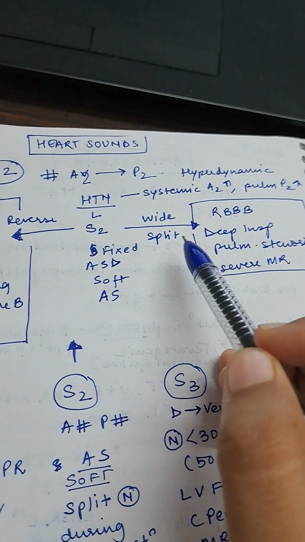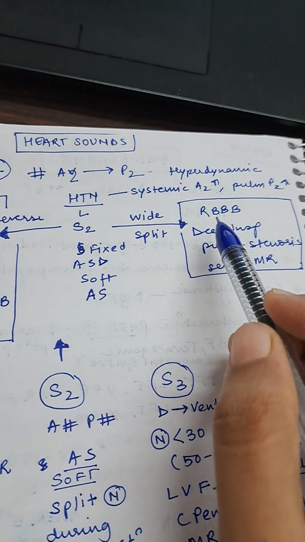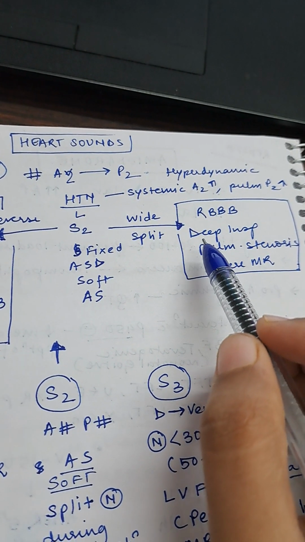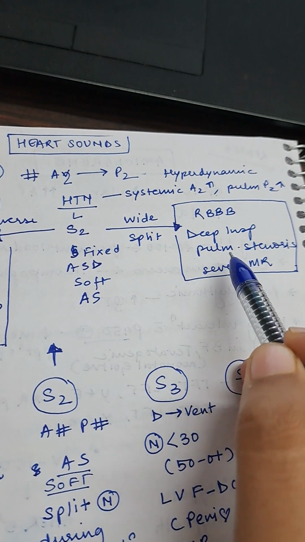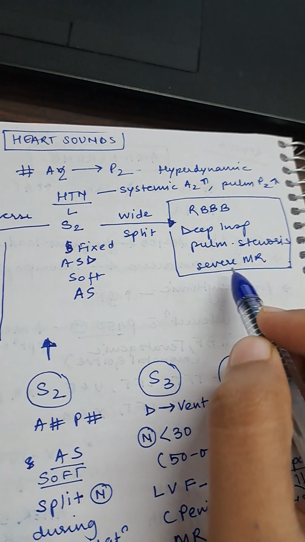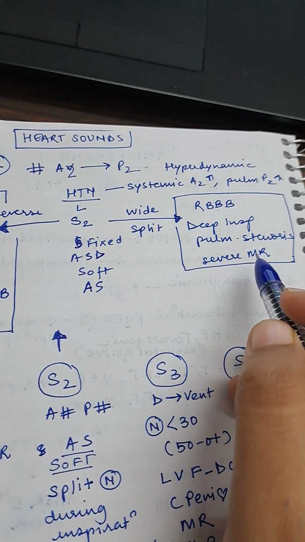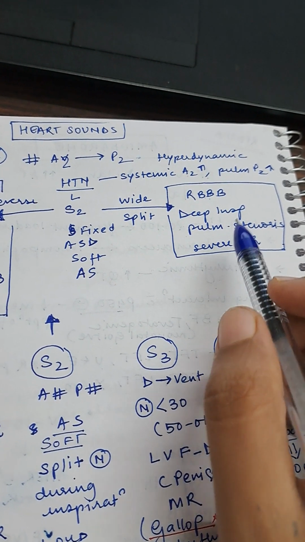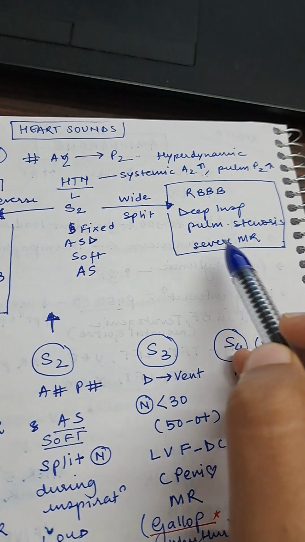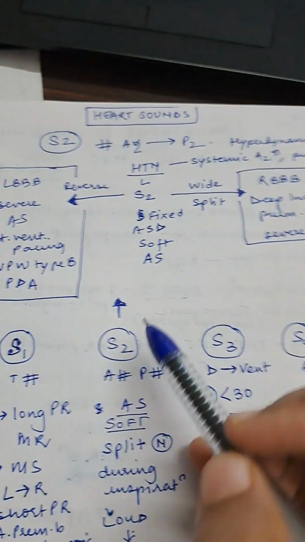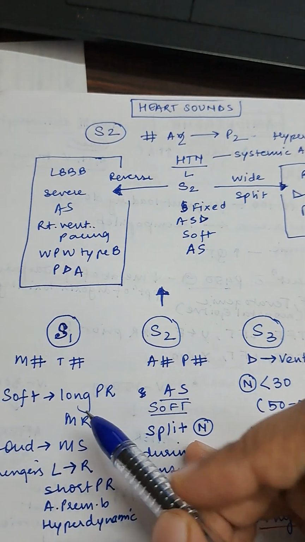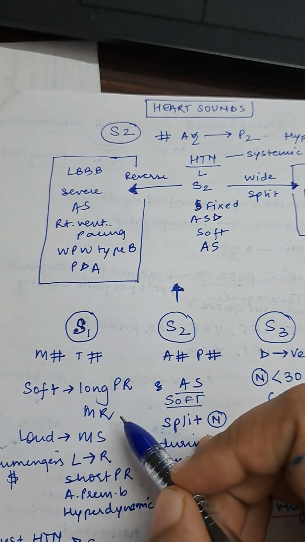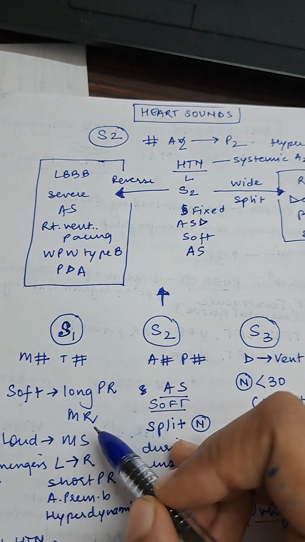Wide split S2 is seen in right bundle branch block, in deep inspiration, in pulmonary stenosis, and severe mitral regurgitation. So mitral regurgitation will have two types of sounds. In severe mitral regurgitation, there will be a wide split S2, and in normal mitral regurgitation, there will be soft S1.